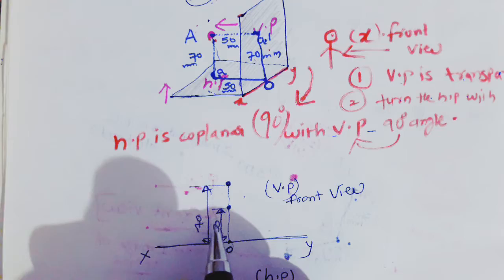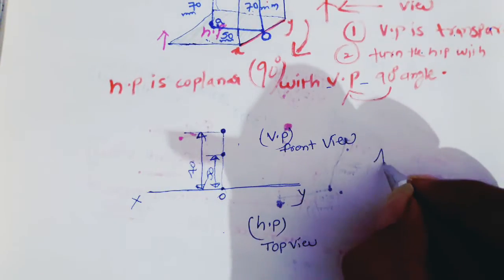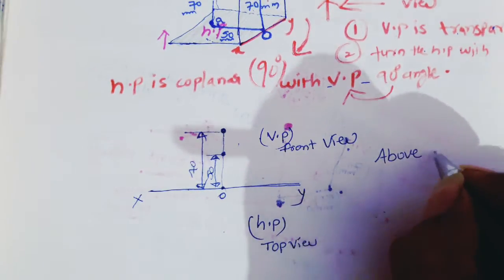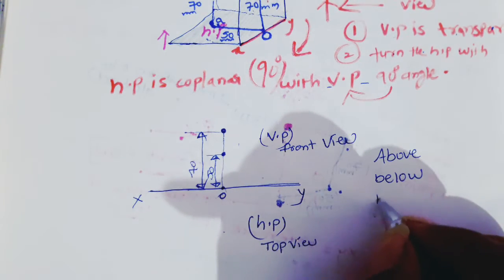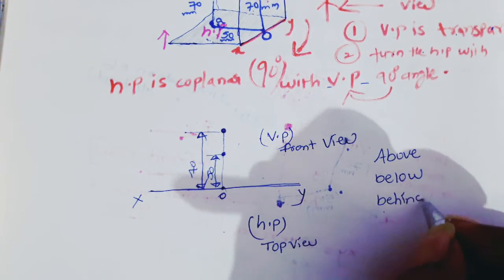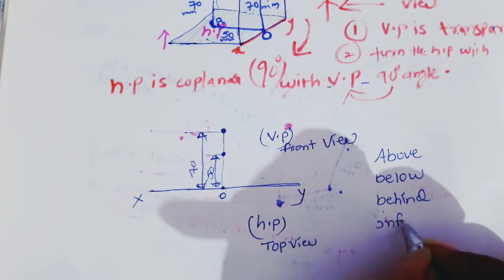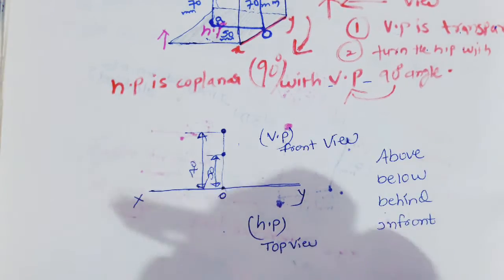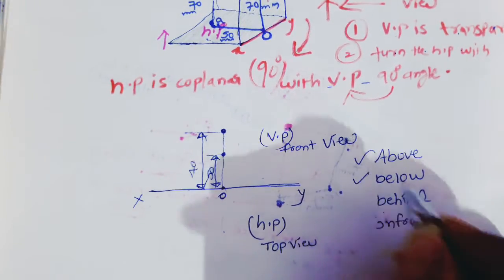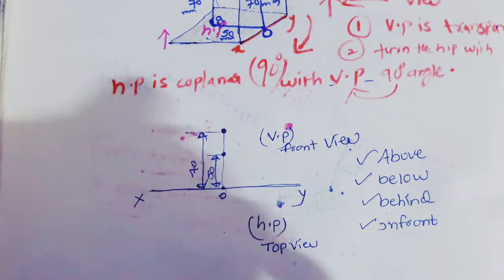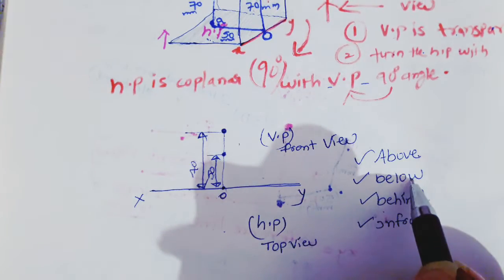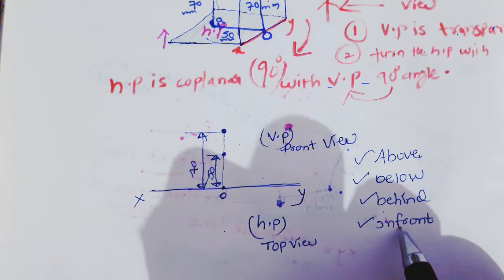So in this way you have to show the second condition of a point. Okay, see here, simple one. Above, below, behind, in front. In the problem he will give above, below, behind or in front.